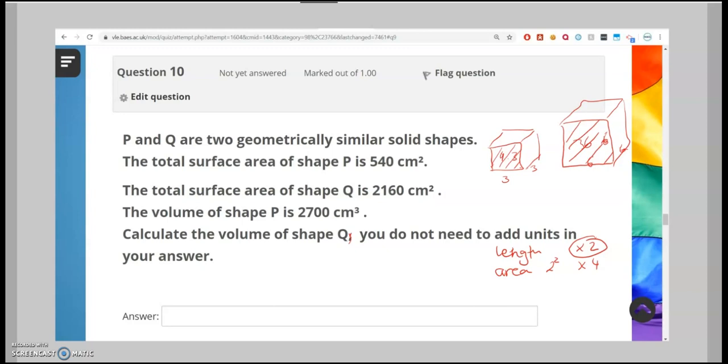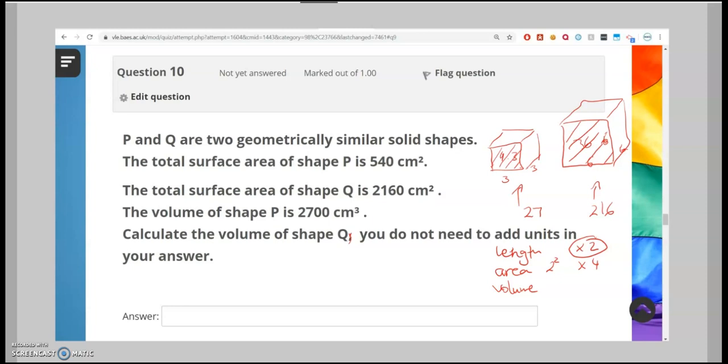Let's see what's happened to the volume. For this one, it is 3 times 3 times 3, which is 27. Whereas for this one, it is 216. So 6 times 6 times 6 gives us 216. So what do we do to 27 to get 216? What do we multiply it by?